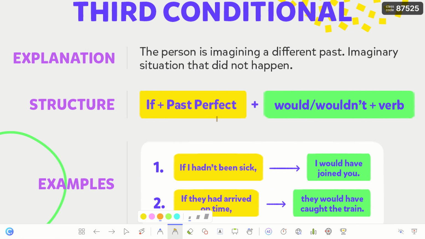I use if past perfect, second clause would or wouldn't, verb plus what? Wouldn't, not only verb, have plus past participle. I would have joined you. They would have caught the train.